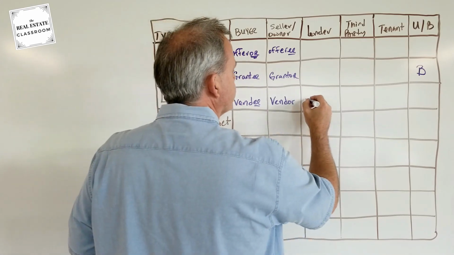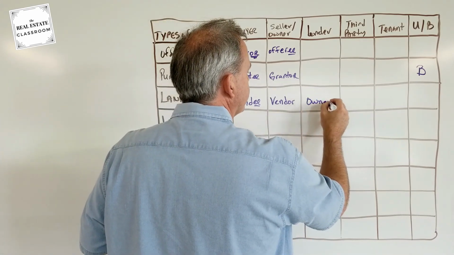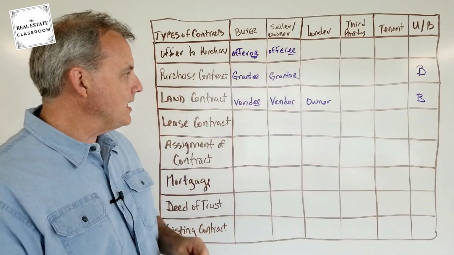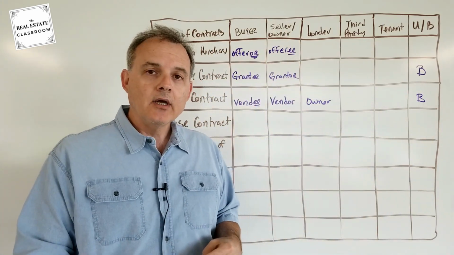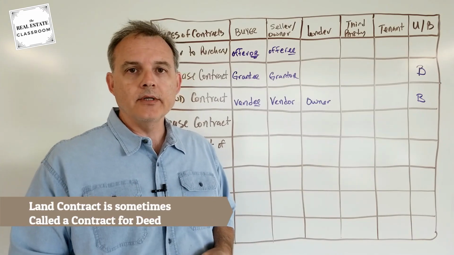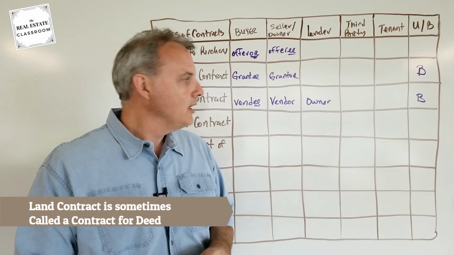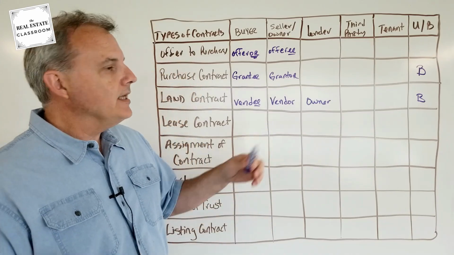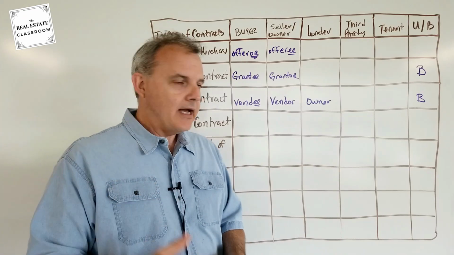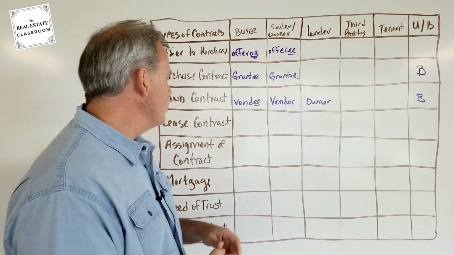Now, the lender is the owner of the property, and this is a bilateral contract because once that land contract, or sometimes called a contract for deed, very important that you know the AKAs here, it is legally enforceable by all parties. All parties are expected to perform as the terms of the contract requires.